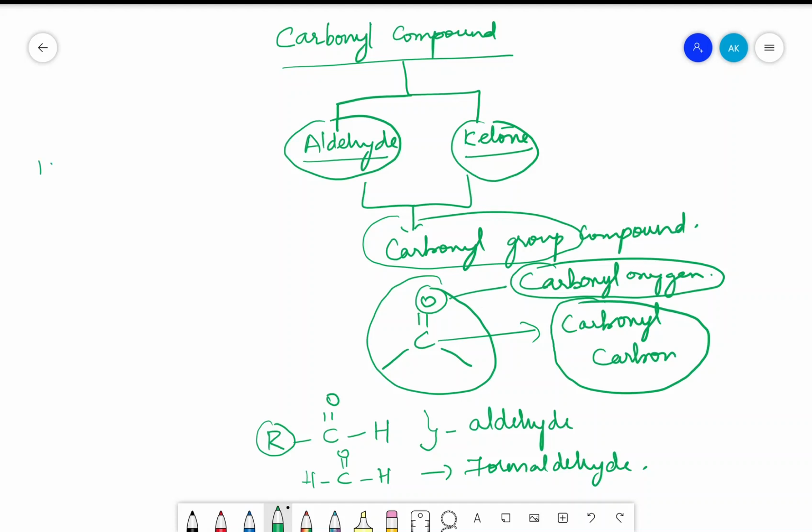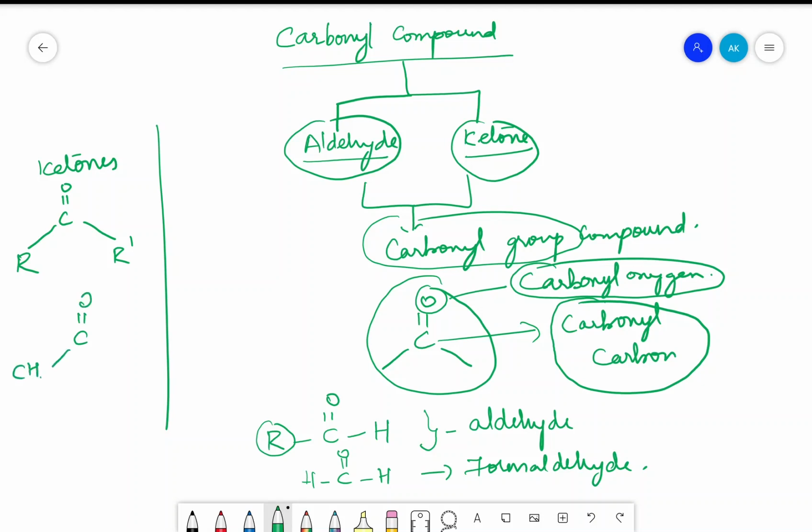In case of ketones, the general formula will have C double bond O with two bonds. One side will be R, other side will be R dash, or R can be the same. That means R is an alkyl group. So I'll write C double bond O as it is.